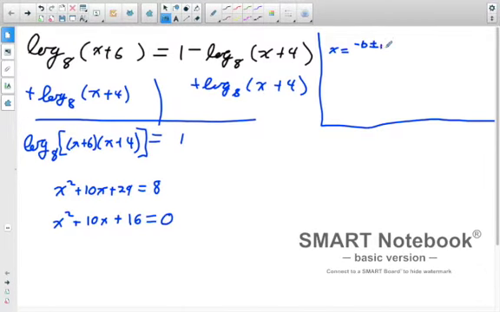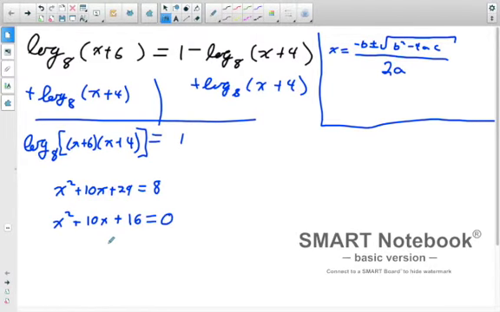And that is this thing up here: opposite b plus or minus the square root of b squared minus 4ac all over 2a. This is our quadratic formula. We can use it to solve this because we would treat a as 1, b as 10, and c as 16.